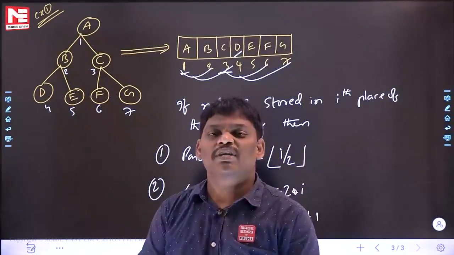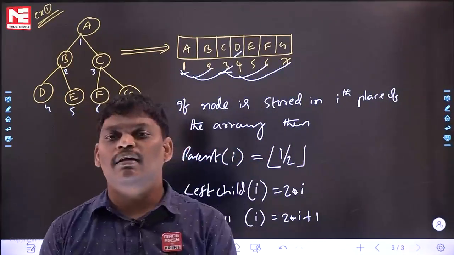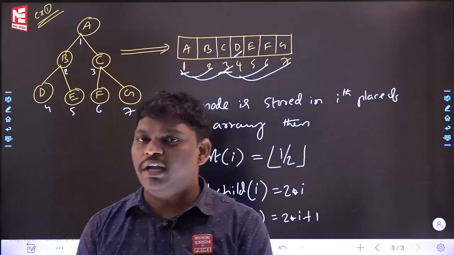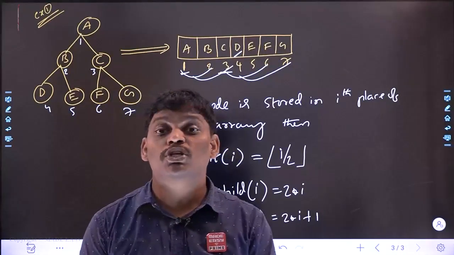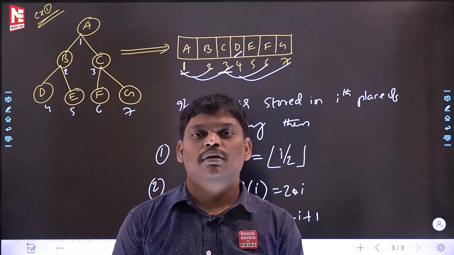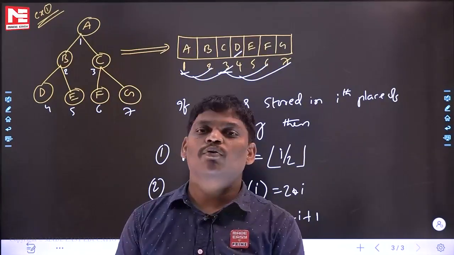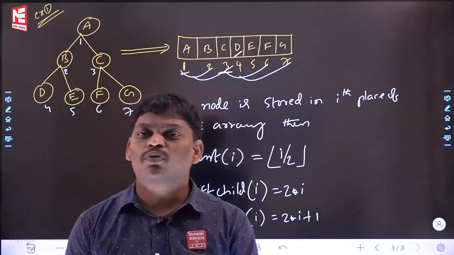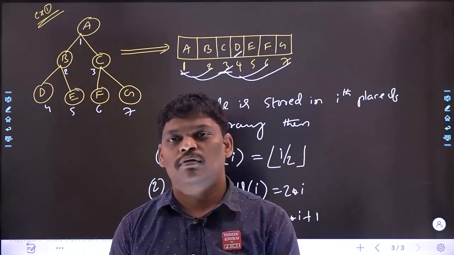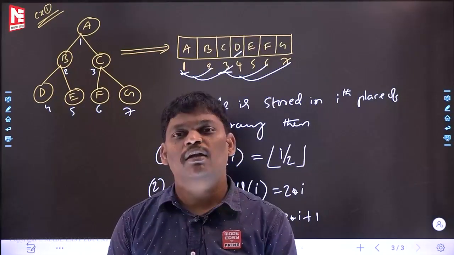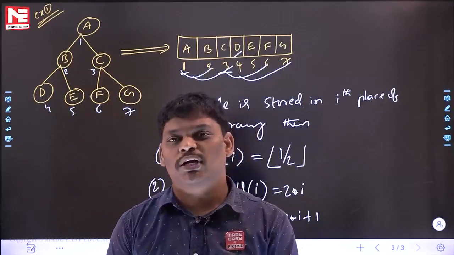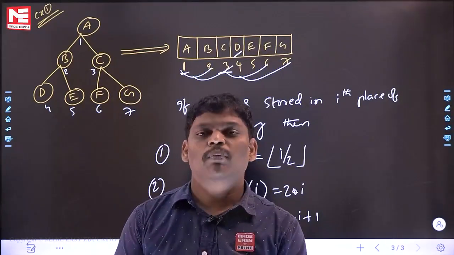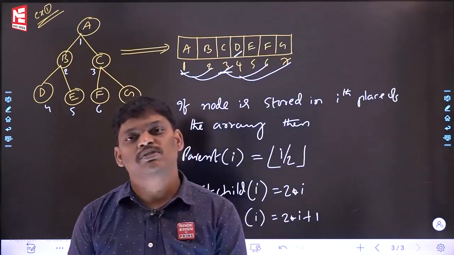In one of your previous papers, they say there is a binary tree stored in the form of an array, where the array index is starting from 0, not 1. Then what is the formula to find the parent of i? If you say i by 2 floor, it may be wrong. Please verify whether it is working or not. If not working, do a small addition, maybe minus 1, maybe ceiling, maybe floor, please verify.